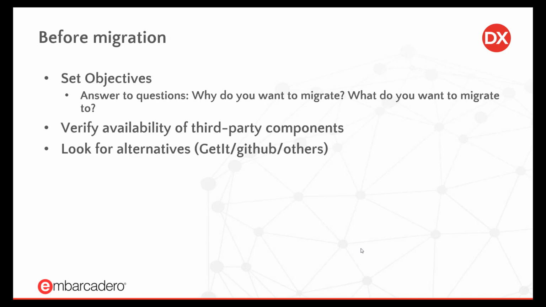There are many alternatives, the same thing as with any other code repository like GitHub or similar. So again, there are many components out there that you can leverage and use in your applications.